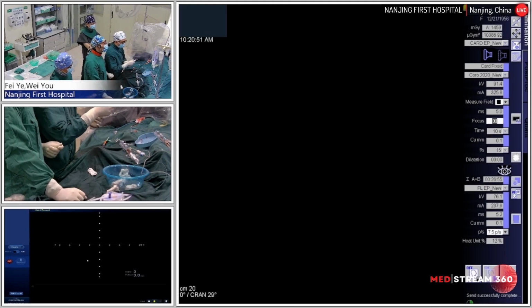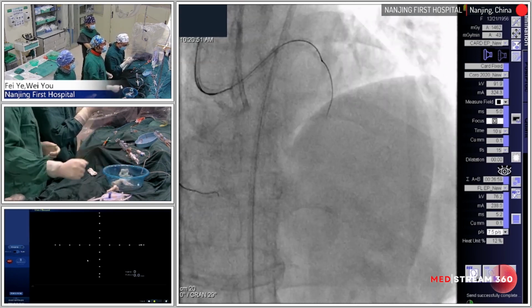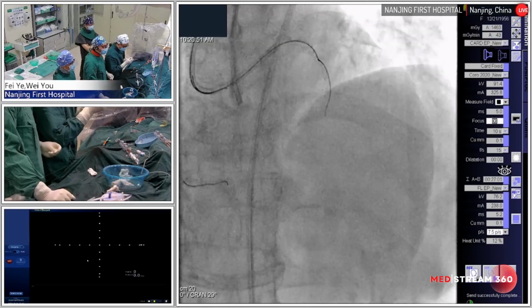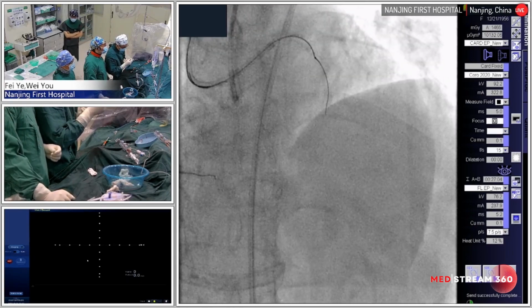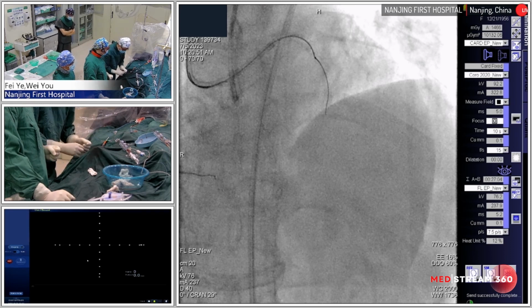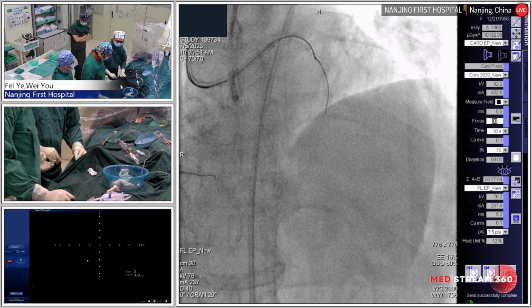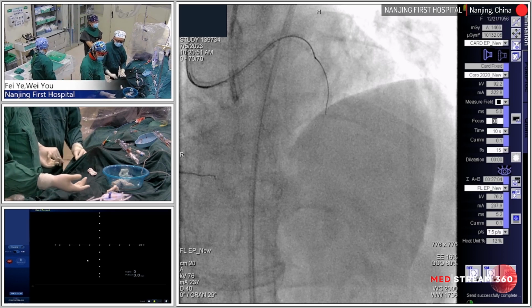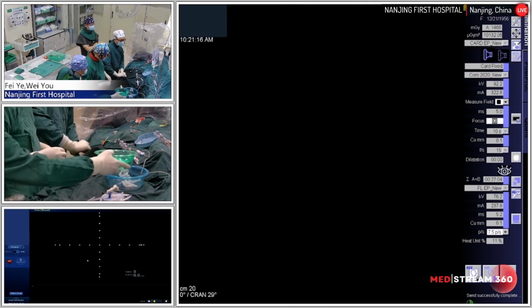Okay, as you see now, the KDL just goes here and cannot go anymore. Yes, sometimes, compared with a double lumen catheter, the single lumen microcatheter has a smaller profile, so it can go more distally compared with the double channel.